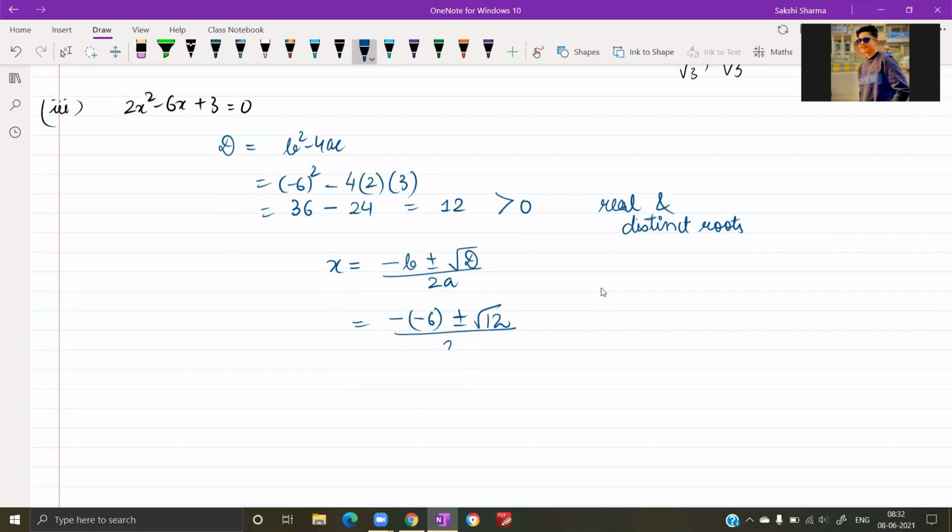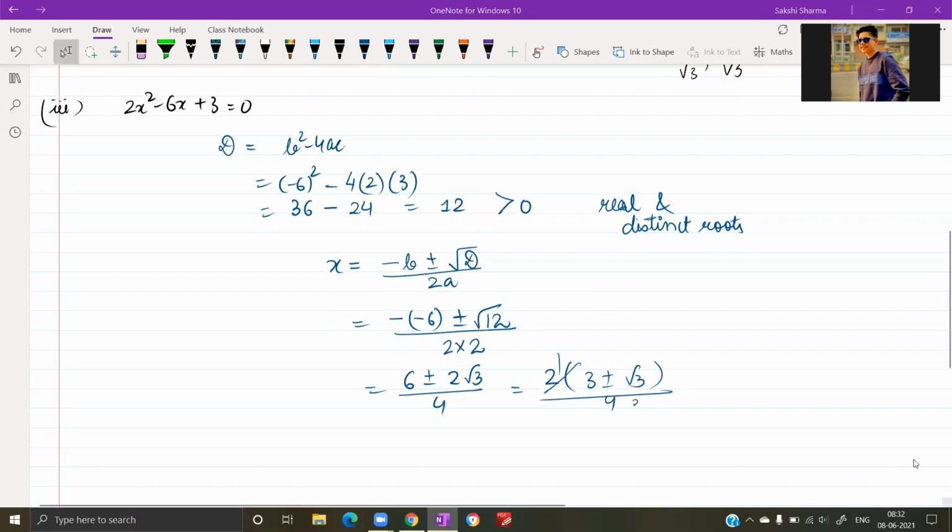Ma'am, it is 2 into 2, that is 4. Right, so you have 6 plus minus, simplifying square root of 12, you get twice under root 3 over 4. You can take 2 common, and that would be 3 plus minus under root 3.